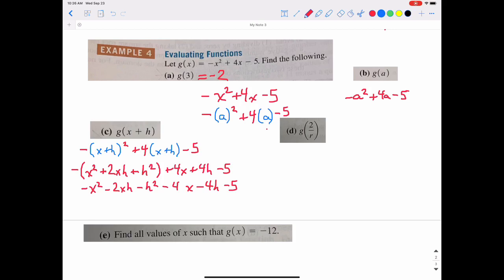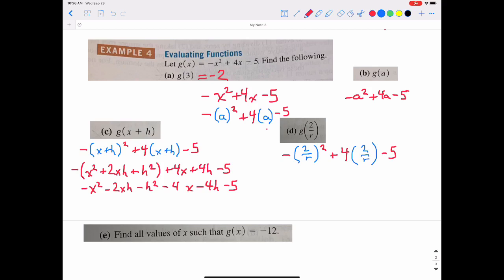And then part D, very similar to the other ones. We're going to replace each of the x's with 2 over r. So that'll be negative 2 over r squared plus 4 times 2 over r minus 5.